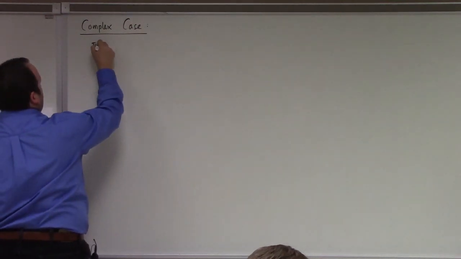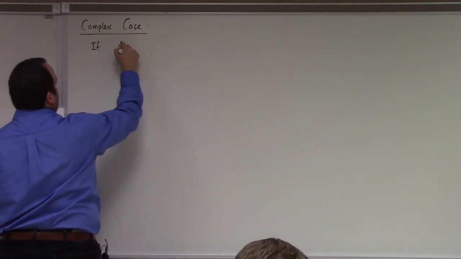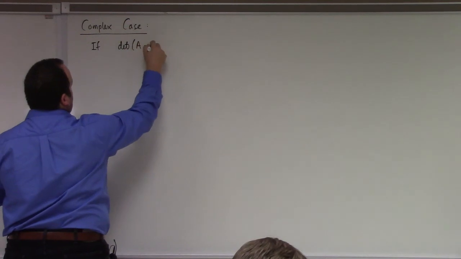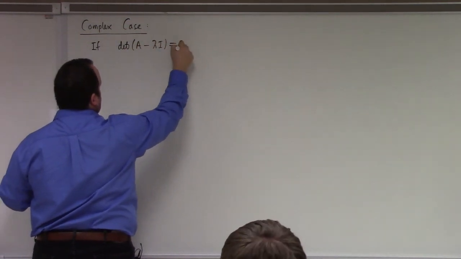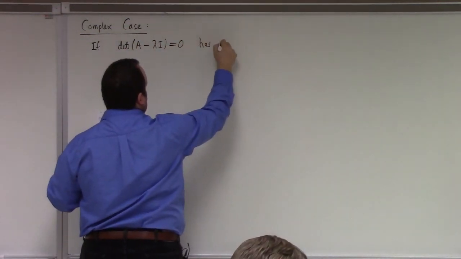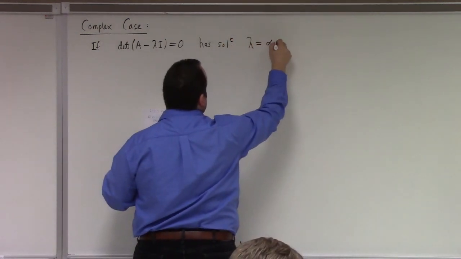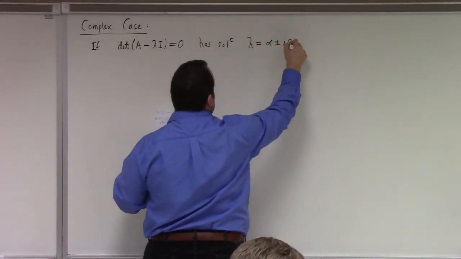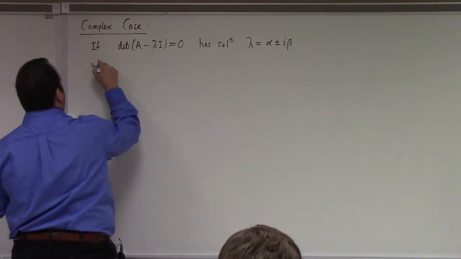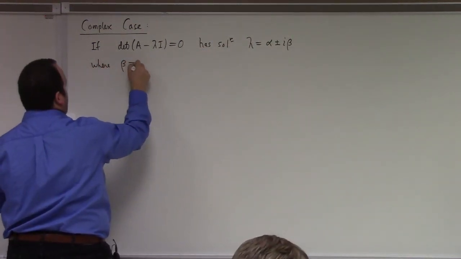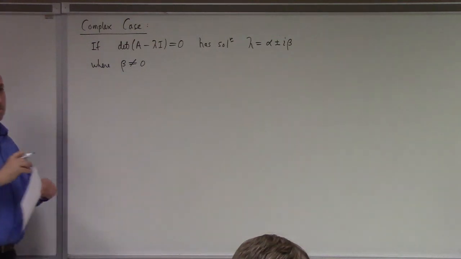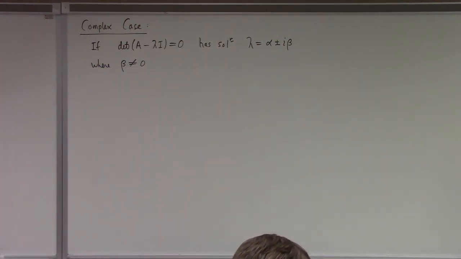So if the determinant of A minus lambda I equals 0 has solution lambda equals alpha plus or minus i beta, where beta is not equal to 0, right? Then we can look at it as a complex problem.